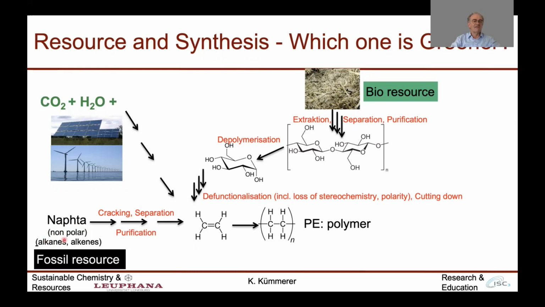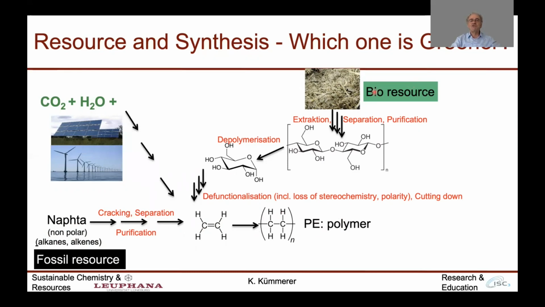So there are alkanes and alkenes, the main constituents, also some ethylene already. So we have technical processes: cracking, separation, purification. So physical chemical processes, but also with cracking, a little bit of chemistry. And then we can come up with the polyethylene.